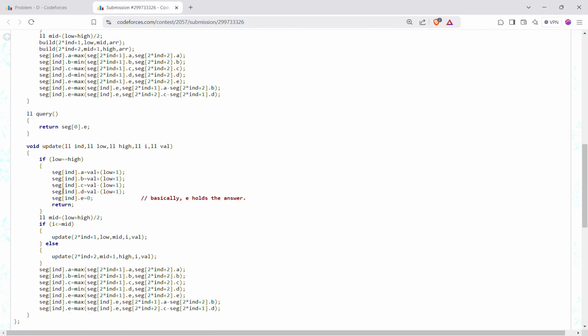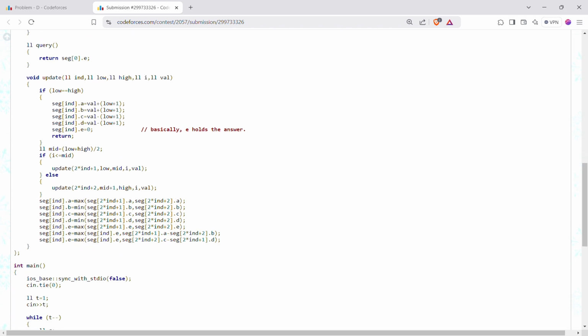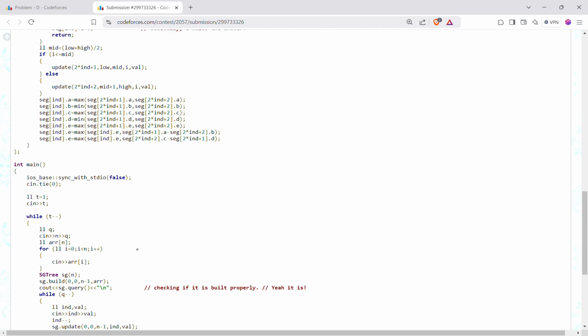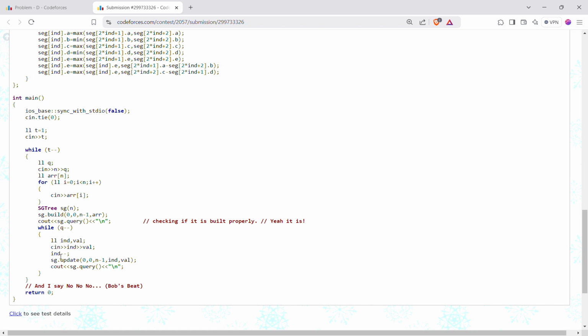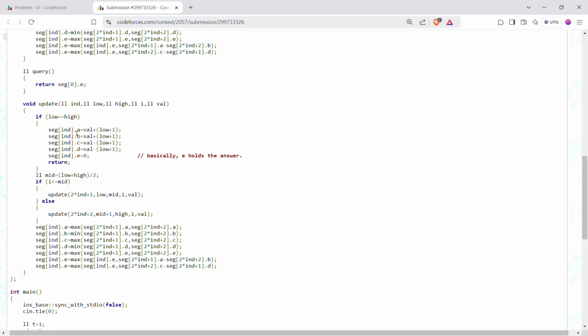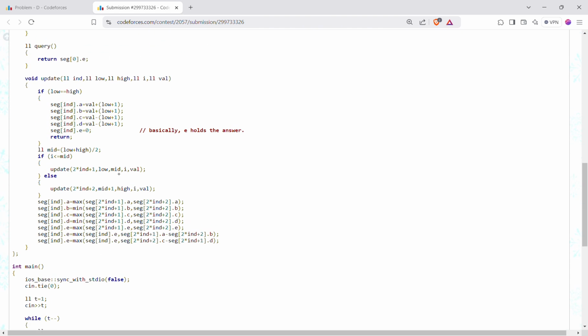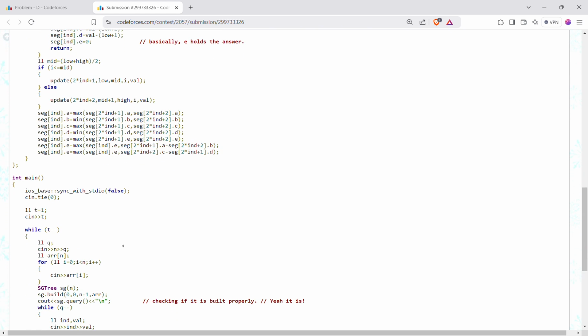Querying is just a lot simple, segment tree of 0, so the answer related to the whole interval, the whole array. Inputting index value, and doing index minus minus because our segment tree uses zero based indexing, and updating. You can fairly follow this update function as well, it is well written, and I've explained it in the solution.